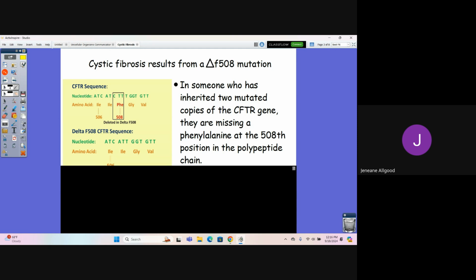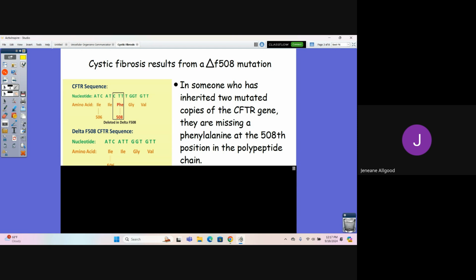So what happens in CF, is that this segment is deleted, which means there is no phenylalanine.